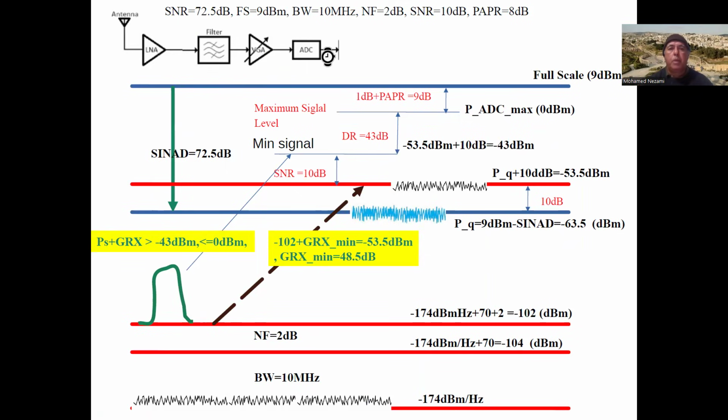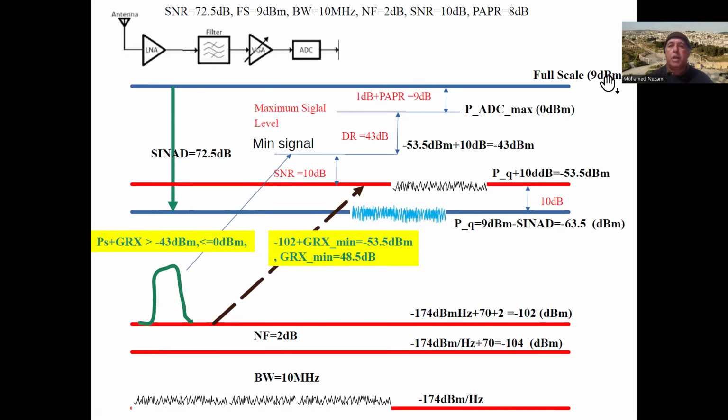Here's our receiver. The first thing we will do is, the full scale of this ADC, we're saying it's 9 dBm, okay? And we're saying that the signal to noise ratio is 72.5 dB. That's either from 6 times the number of bits plus 1.76 dB or from the data sheet. So once we get this, we know exactly where the noise floor due to quantization will be.